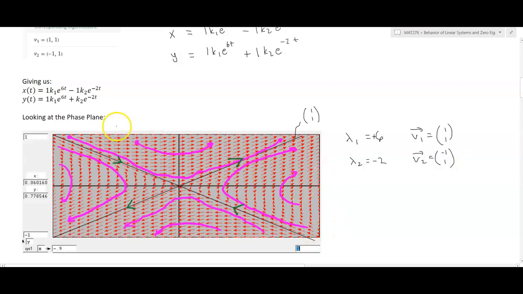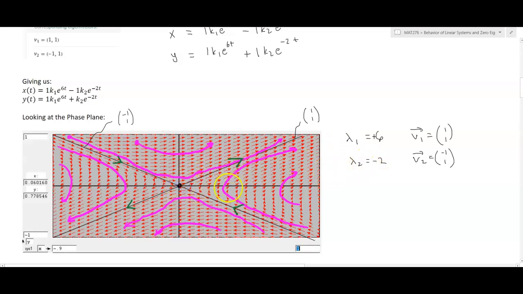Here we can think about this line as being the extension of our eigenvector (-1, 1). We see that the eigenvalue is negative, which is what causes these arrows to point inwards. So with positive eigenvalues, solutions flow out from the equilibrium point (0, 0).